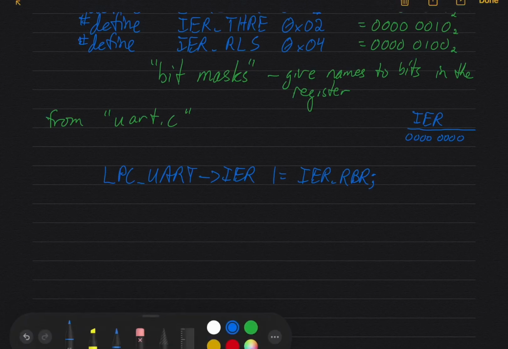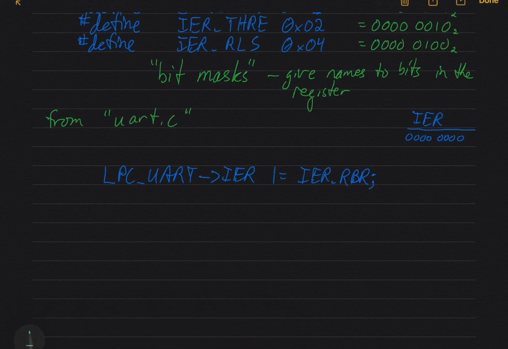So when we do a bitwise OR, this value here is 0, 0, 0, 0, 0, 0, 0, 1, and we are doing an OR here. I'll just do the plus sign for a logical OR. So we're going to do a logical OR of those two bits, so we get a 1, do a logical OR of those two bits, we get a 0, etc. Right? So that's a bitwise OR of the bit mask and the contents of the register, and so this resulting value gets written back to the register.